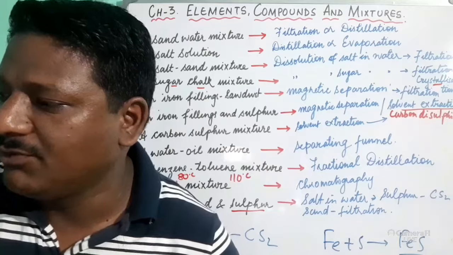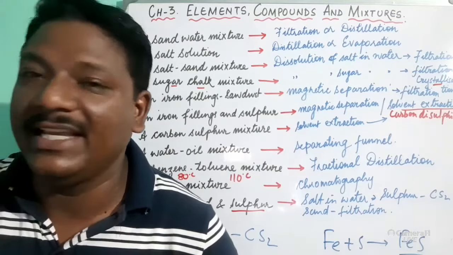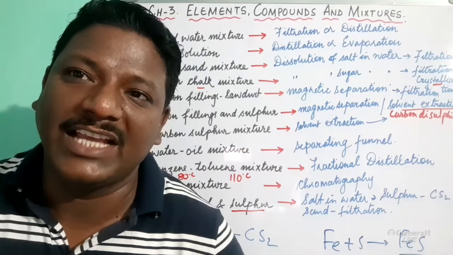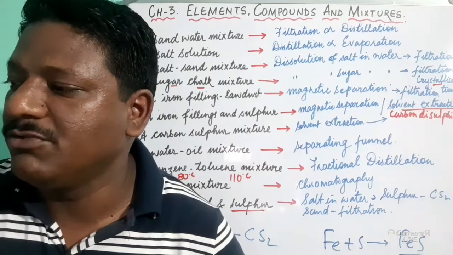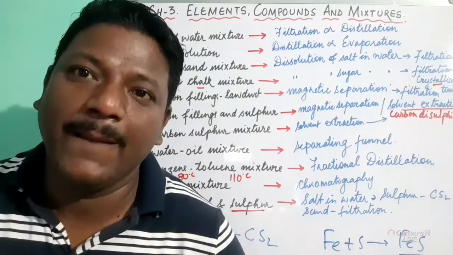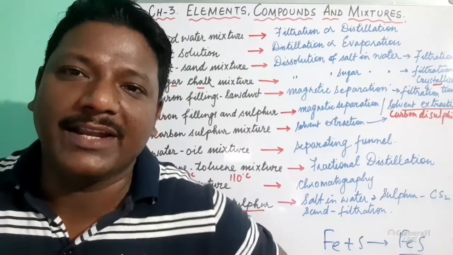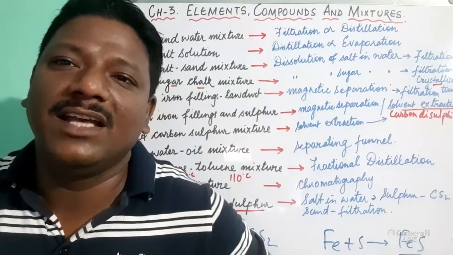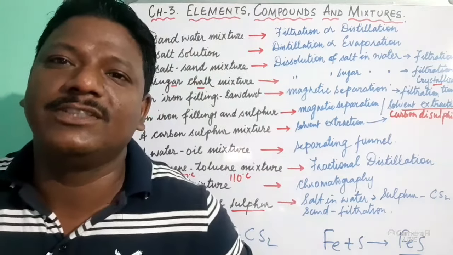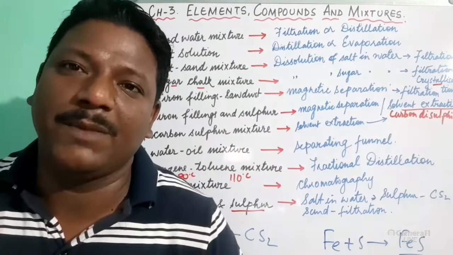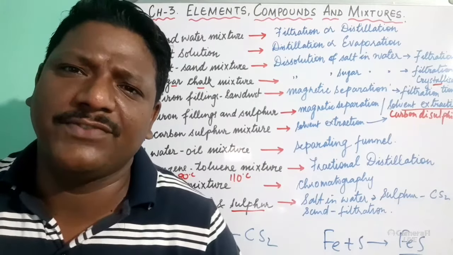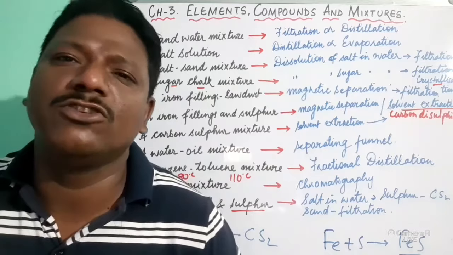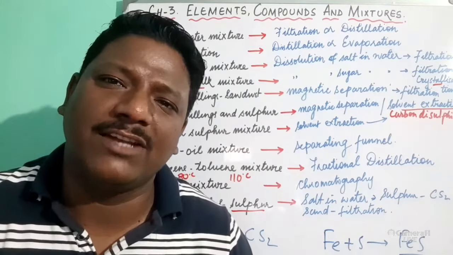Next question is, how would you separate the dyes of an ink? Here also I would like you to write the explanation. Then you can write the setup of the chromatography, and you take a strip of paper, that is filter paper or chromatographic paper. Then use a solvent, any solvent you can use, that is acetone, alcohol.